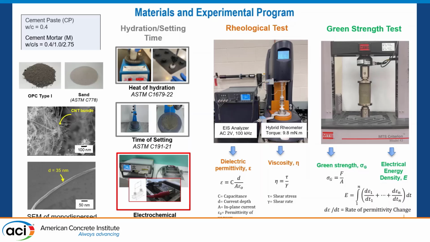Our experimental program includes regular tests. For example, for hydration and setting time, we conducted isothermal calorimetry tests following the ASTM. For the time of setting, we used the Vicat apparatus. And we also measured the electrical properties of the fresh material through electrochemical impedance spectroscopy measurements.